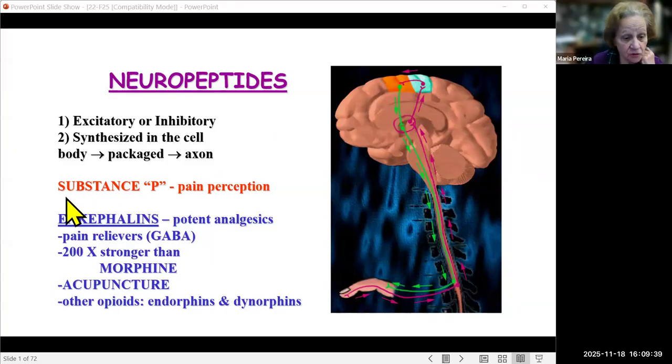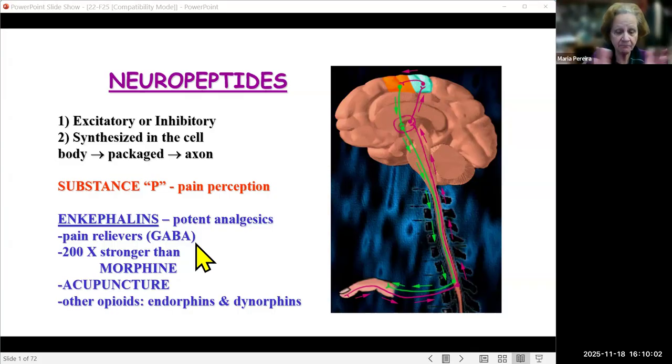So fortunately, we have some neurotransmitters that decrease or mitigate the sensation of pain. So they're pain relievers. And how can they do that? So they activate GABA receptors.